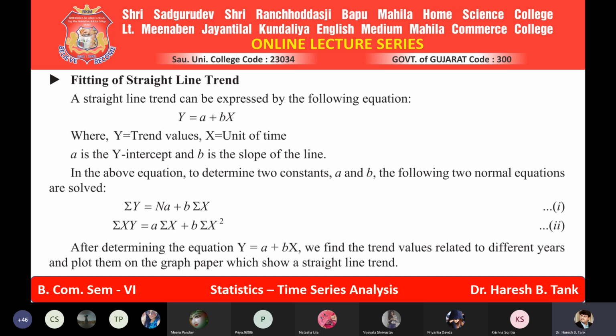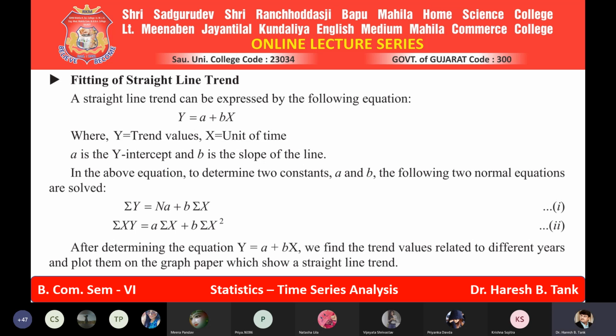From the data set given to you, if you get the values of a and b and substitute them in the equation y is equal to a plus bx, then you will be able to get a linear equation. That linear equation shows how your value of x and value of y are related. This becomes a model of the relationship between x and y.